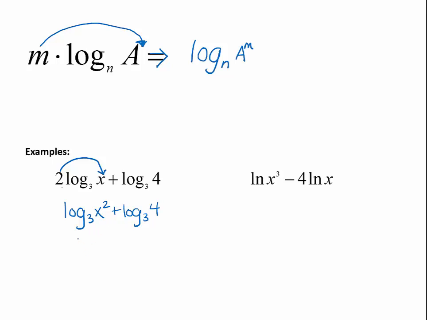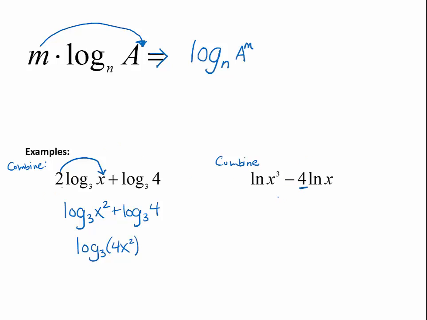And now I can combine these two logs together like that. Sorry, I forgot to put the directions here. The direction here would be to combine, same for over here. So I only like to move the coefficient up to be an exponent when there's a reason to do it. And the reason here is because I want to combine these two logs, and I can't do that when there are coefficients in front.